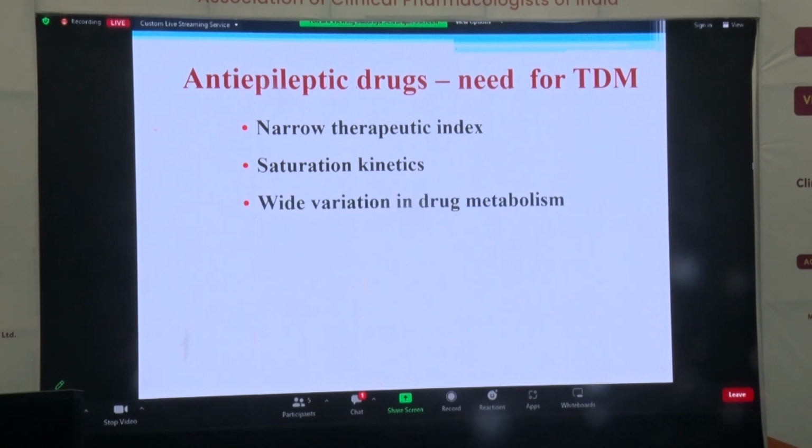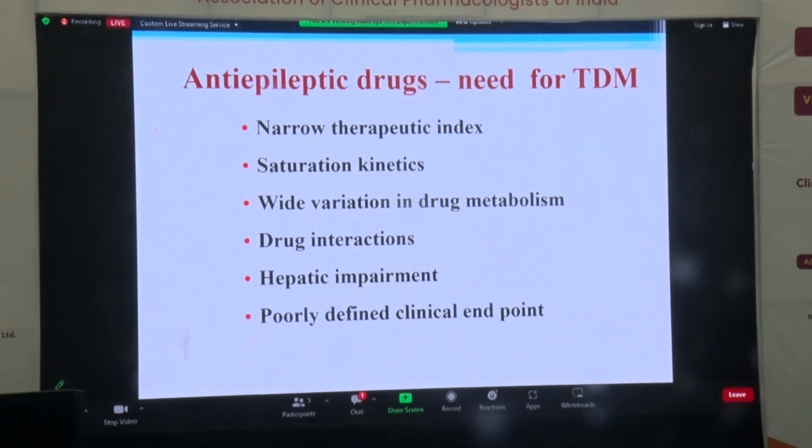And drugs like phenobarbital, carbamazepine, and valproate can show wide variation in their metabolism. These drugs have drug-inducing and drug-inhibiting properties, so there can be lots of drug interactions when they are taken with other drugs. And if the patient has hepatic impairment, most of these drugs, which are metabolized in the liver, may have a different effect. And epilepsy, as we all know, has a poorly defined clinical endpoint.